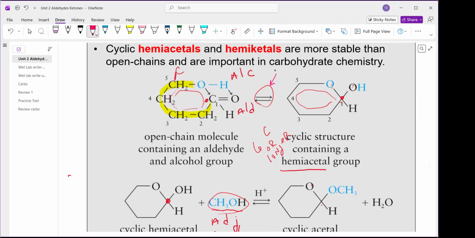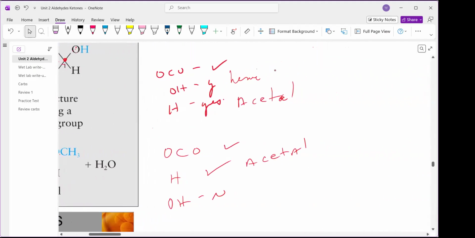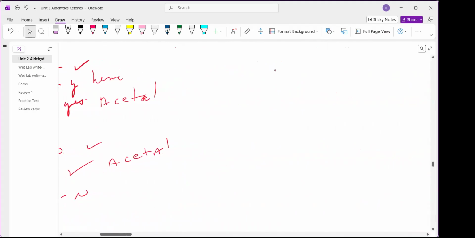Okay, so let's look at an example. Let's take this guy. So this is going to be the anomeric carbon.